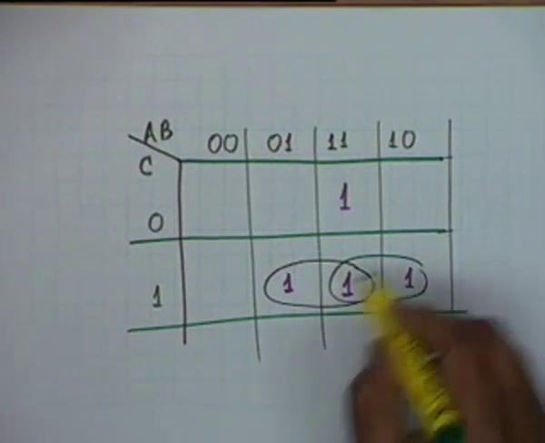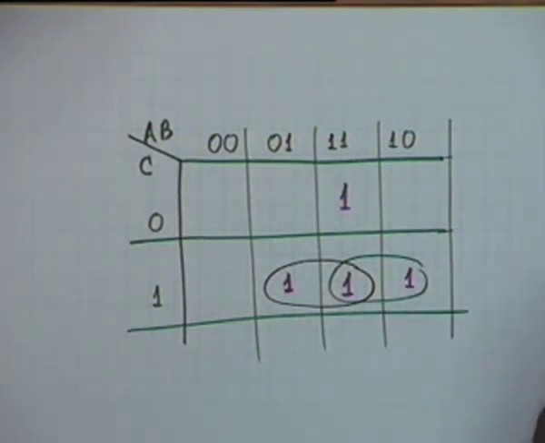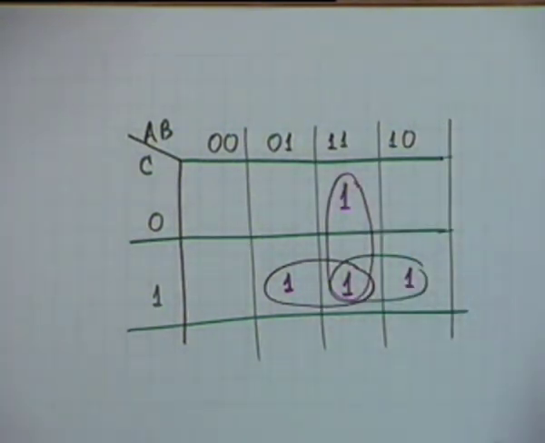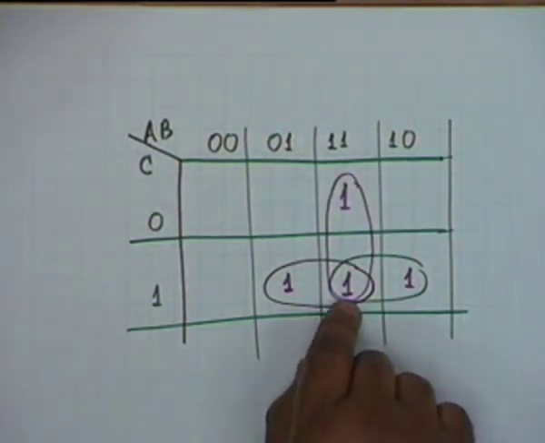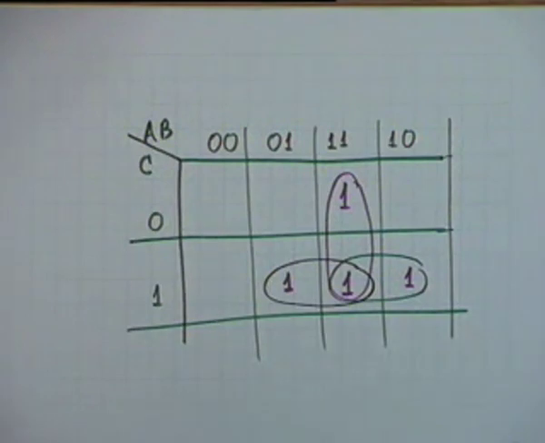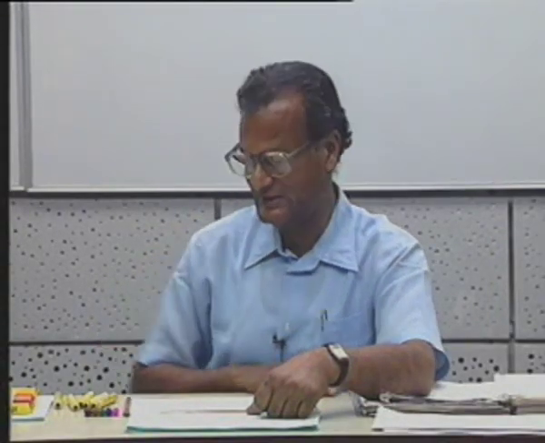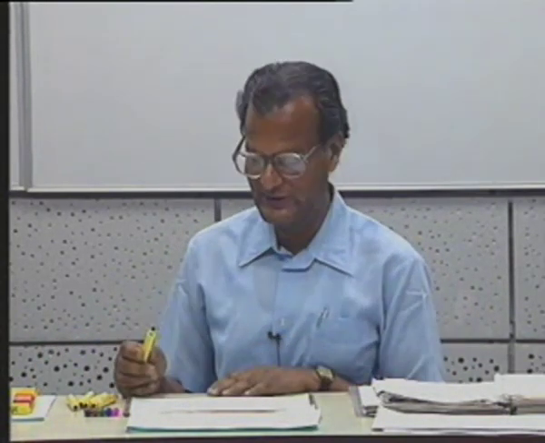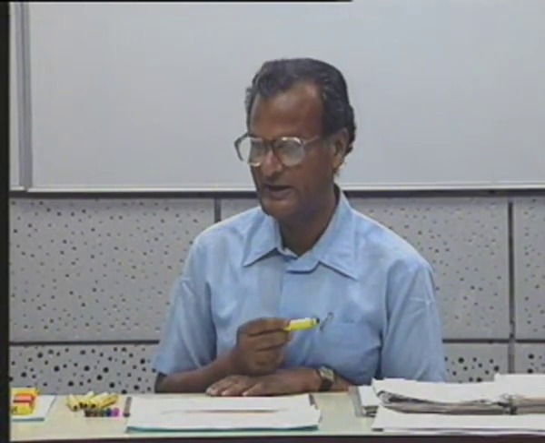Therefore, I can have this combination, and finally I can have this combination. This one is shared by this one, and this one. It's something like covalent bonding in semiconductor physics. Okay, it is permitted. But what it illustrates is whatever we did with the help of simplifications, it can be done just by looking at it.